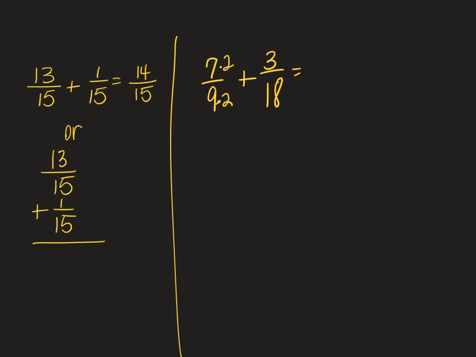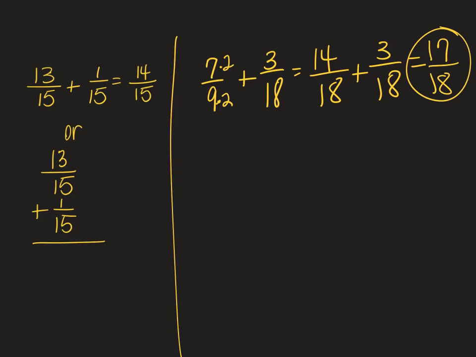You want to multiply the numerator and the denominator. So I'm going to rewrite my problem as 14 over 18 plus 3 over 18, and that's going to give me 17 over 18. You always want to make sure your final answer is in your lowest terms. If you have an improper fraction, you want to change it to a mixed fraction as well, okay?